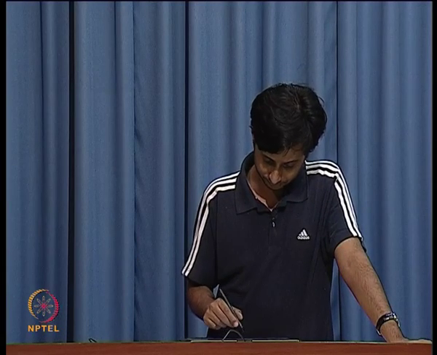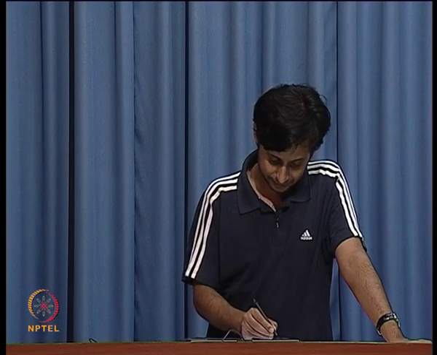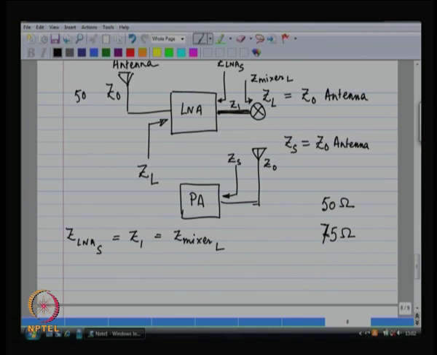So, typically one would design the antenna to be a 50 ohm antenna. So, the Z naught of the antenna is probably going to be equal to 50 ohms. This means that the output impedance of the power amplifier has to be matched to 50 ohms.